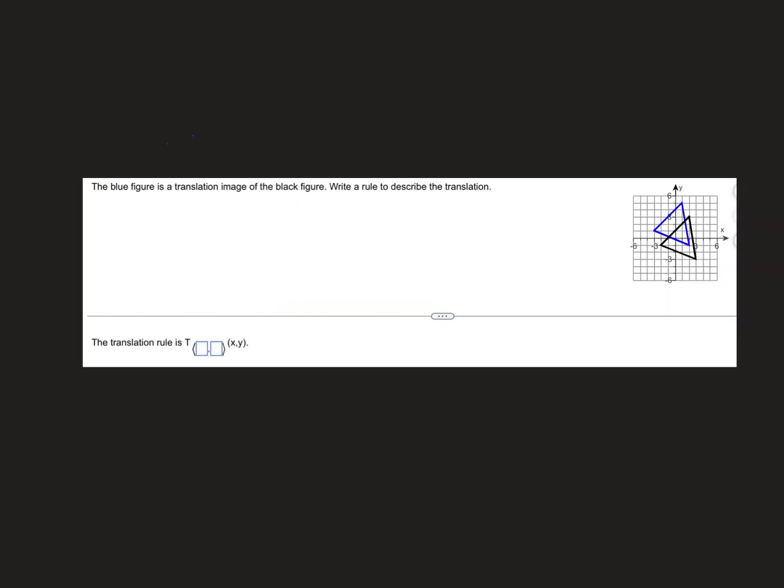All right, on this one, we have to look for which figure is changing. This is the one that always messes me up. Here I am seeing that the blue figure is a translation of the black figure, which means this is my pre-image and this is my image. So the black figure is the OG. This is the one that we start with.